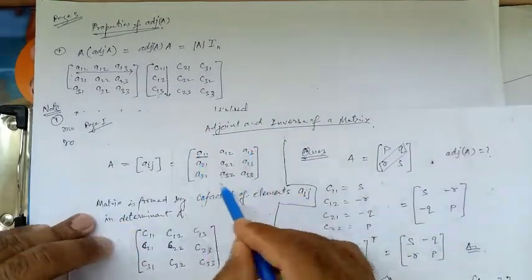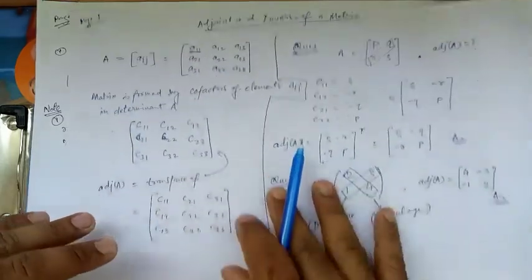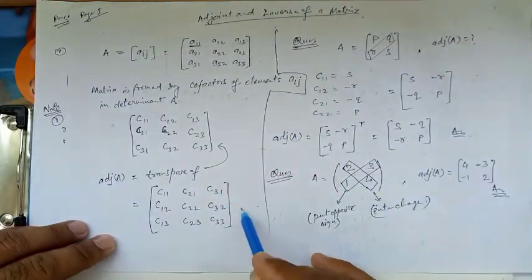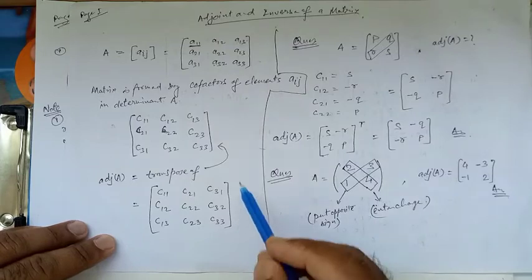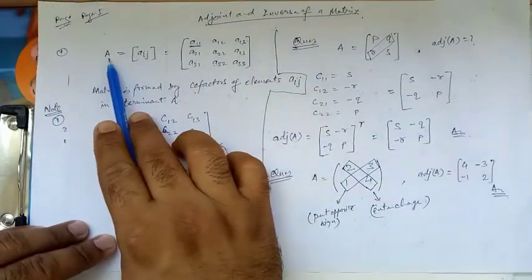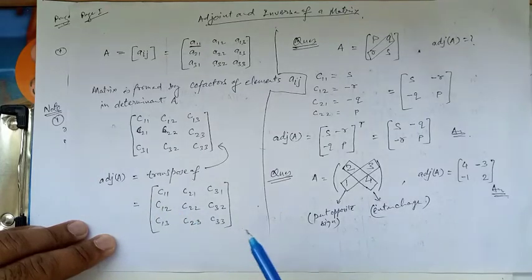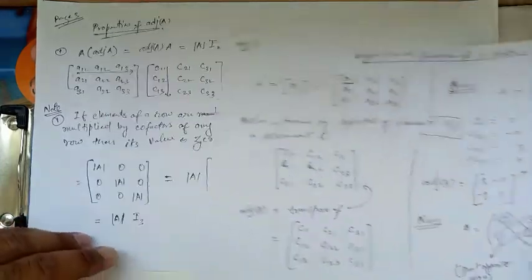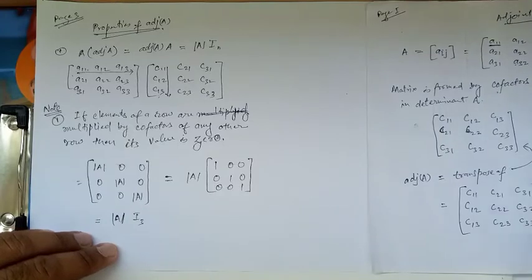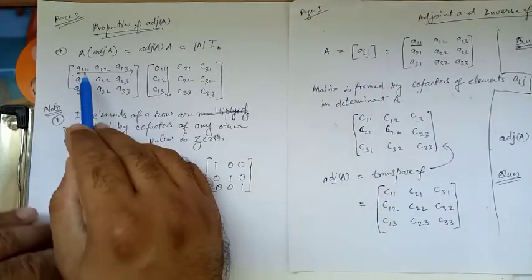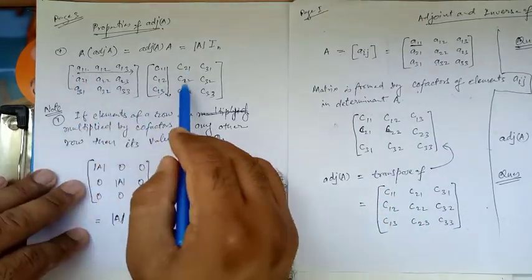This is a matrix we have considered, and this is the adjoint we have got. So what we are doing is multiplying this A into adjoint A. We are doing the same thing. This is A into adjoint A.